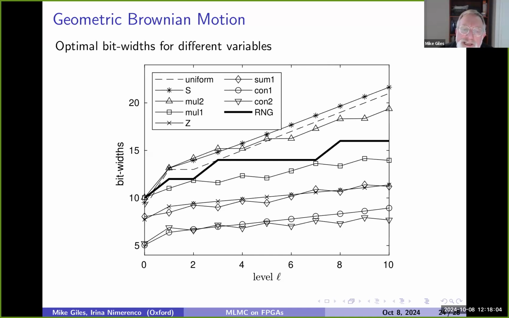What we're seeing is that at level 0, because the true calculation has a relatively large value, then the approximate calculation doesn't have to be very accurate. But by the time we get down to level 10 in the multi-level, the true value of delta P that we're computing on the CPU, that's a very small quantity. And therefore, we need a lot more bits on the FPGA to get a reasonable approximation to it.